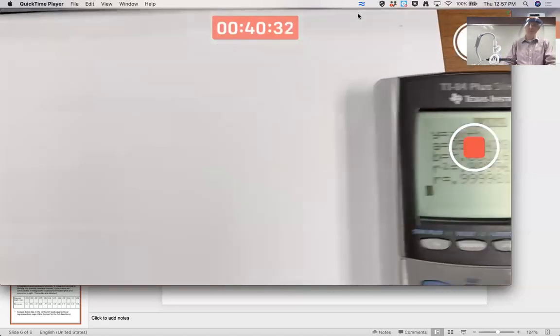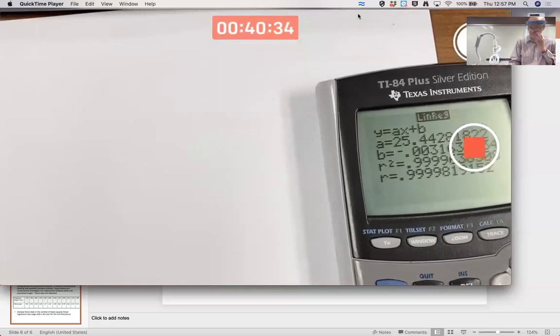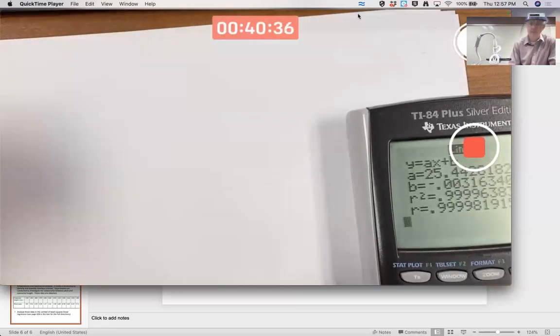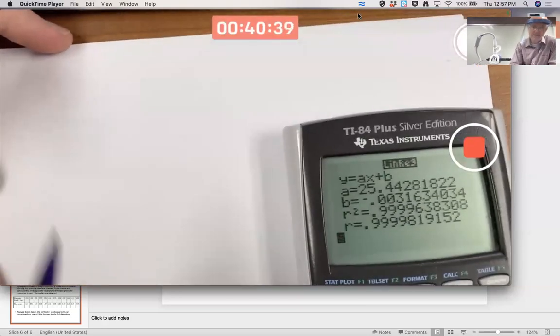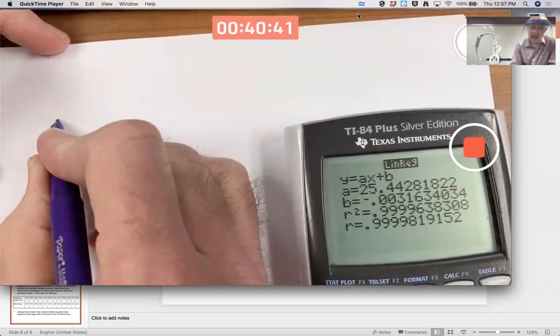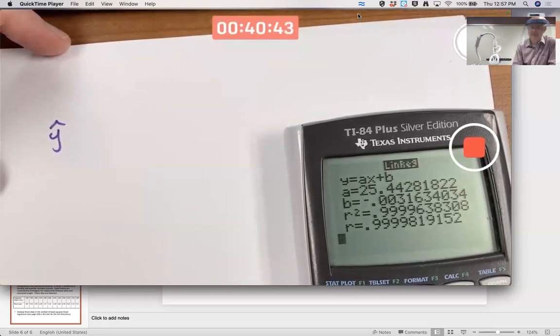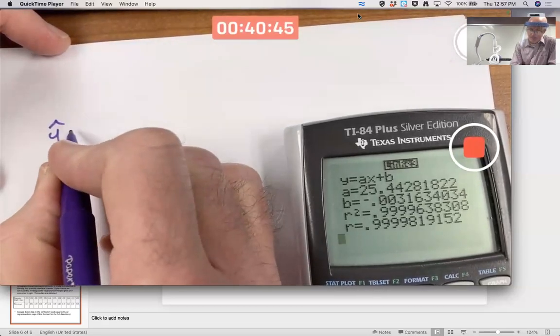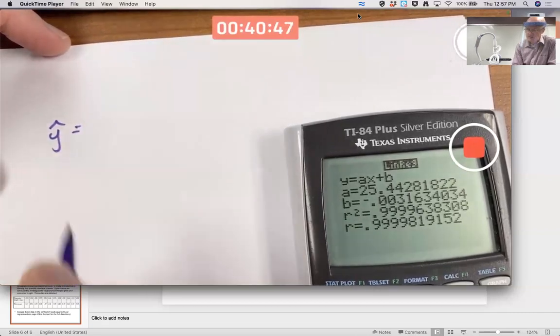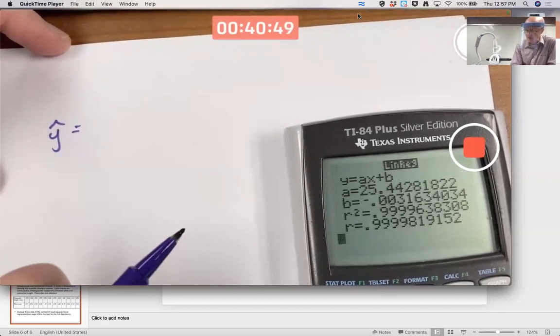The official linear regression line for these data, sometimes people write it as y hat. The calculator uses A and B for the slope and the intercept.